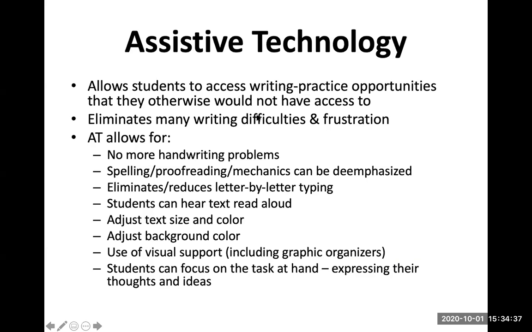Assistive technology is the next step and a little more advanced. And this might include different software, different accessibility features that you can use on your computer, word prediction software.